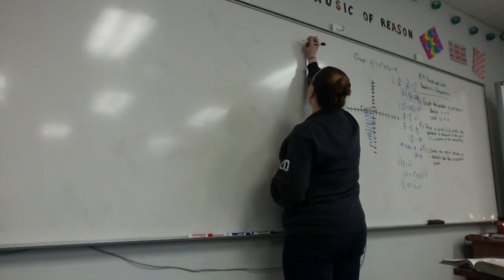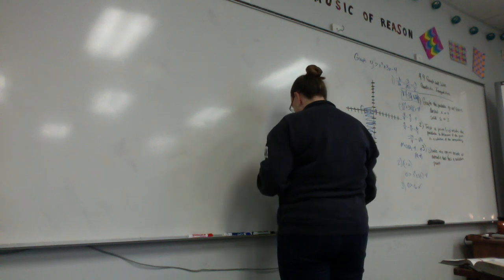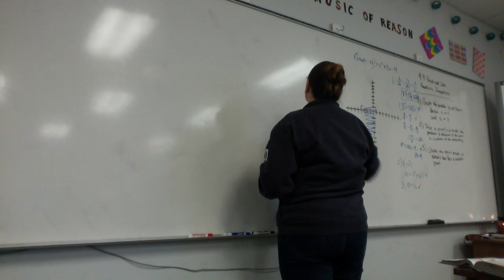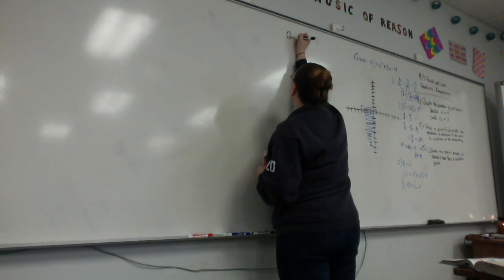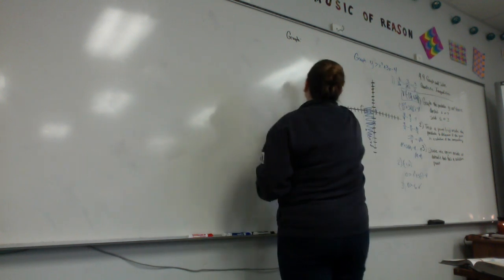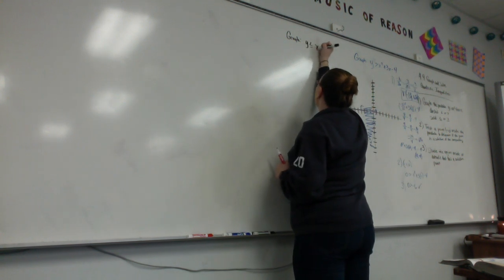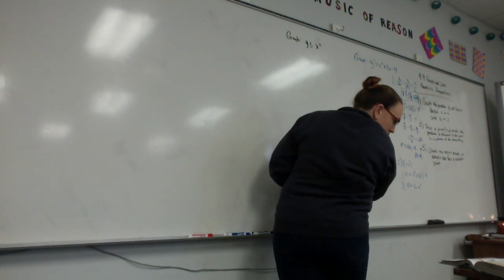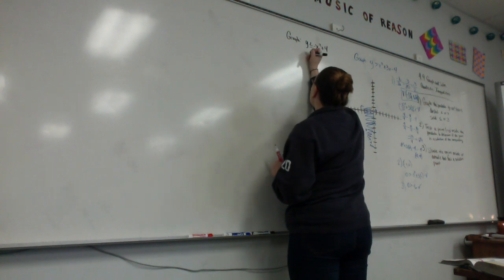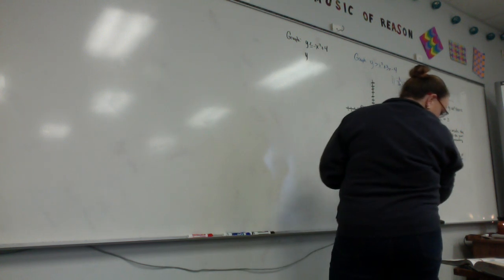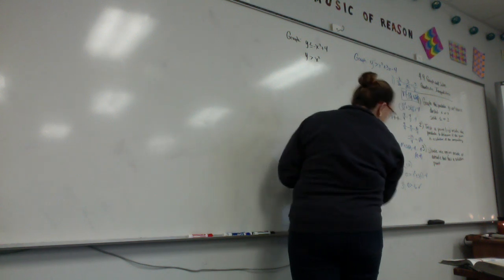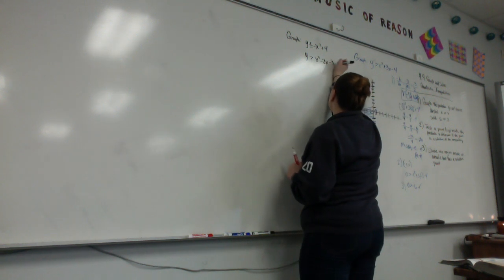Let's try graphing a set of equations, okay? Graph y is less than or equal to negative x squared plus 4, and y is greater than x squared minus 2x minus 3.